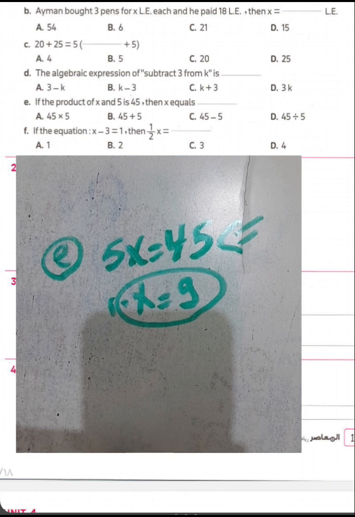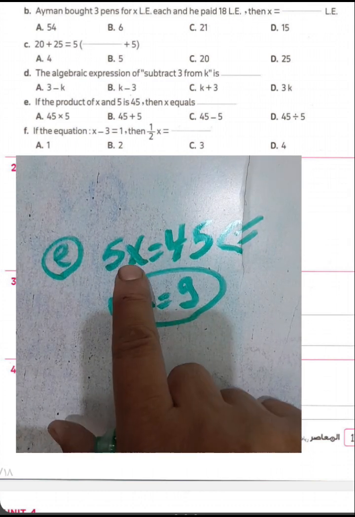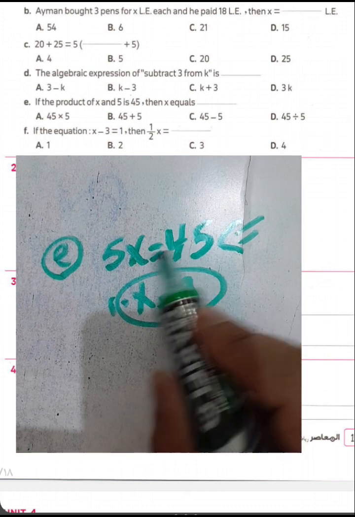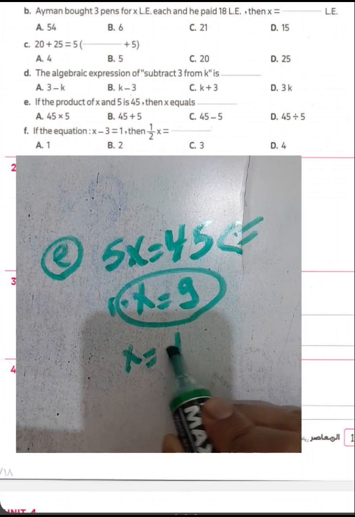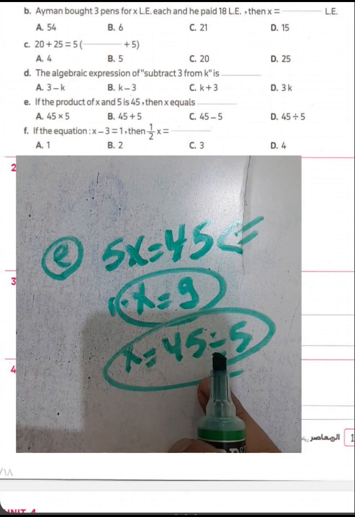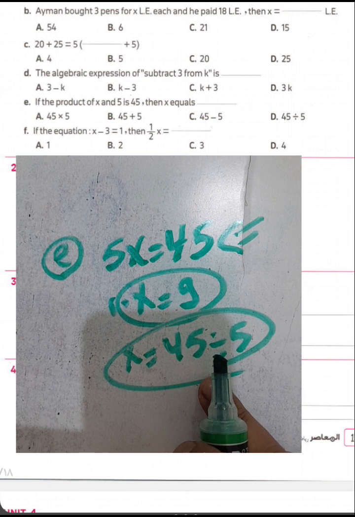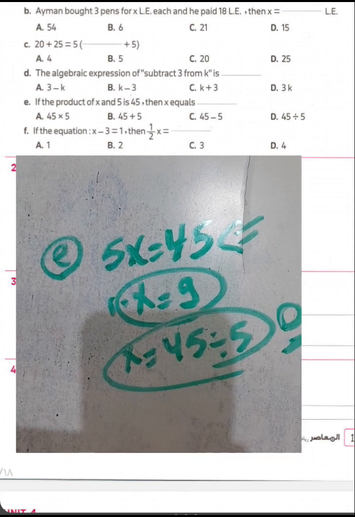Then x will be equal to 9. You asked about the steps here, okay, you can write x equals 45 divided by 5. Choose letter D about this example.